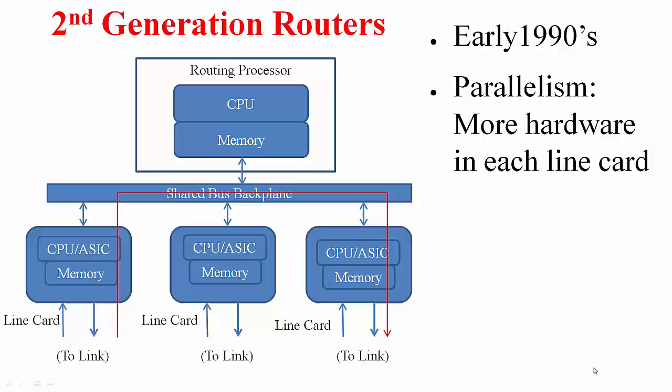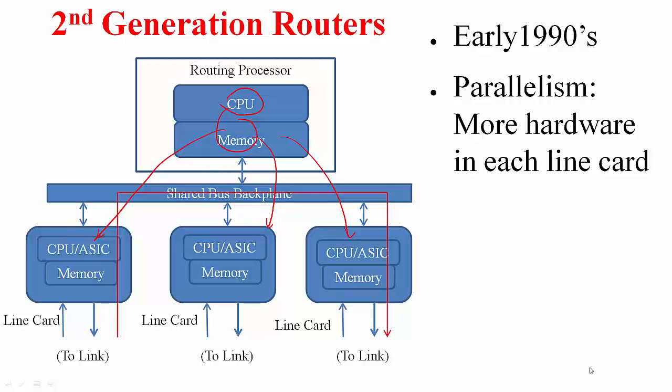The second generation routers tried to address the shortcoming of the first generation routers, where the processor becomes a bottleneck, by involving more parallelism. The parallelism here is in the form of moving the CPU and memory functionality into each of the line cards. So now all the forwarding functionality is handled at the input port itself, as I mentioned earlier.